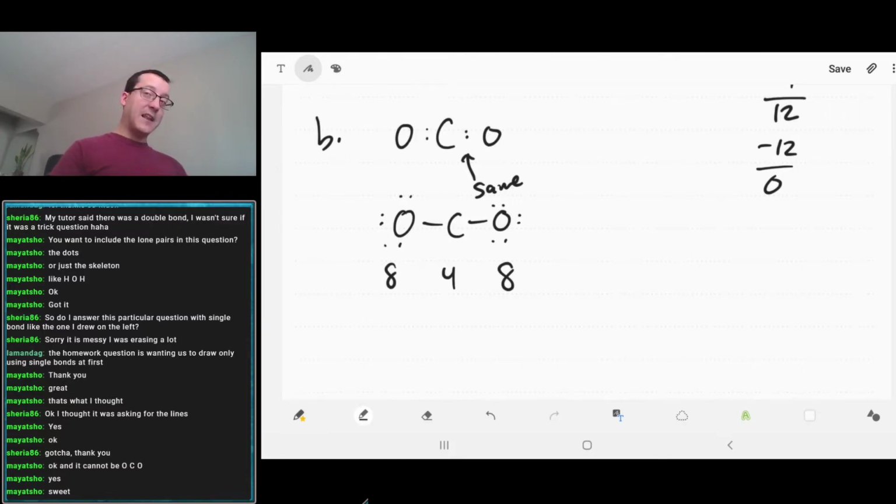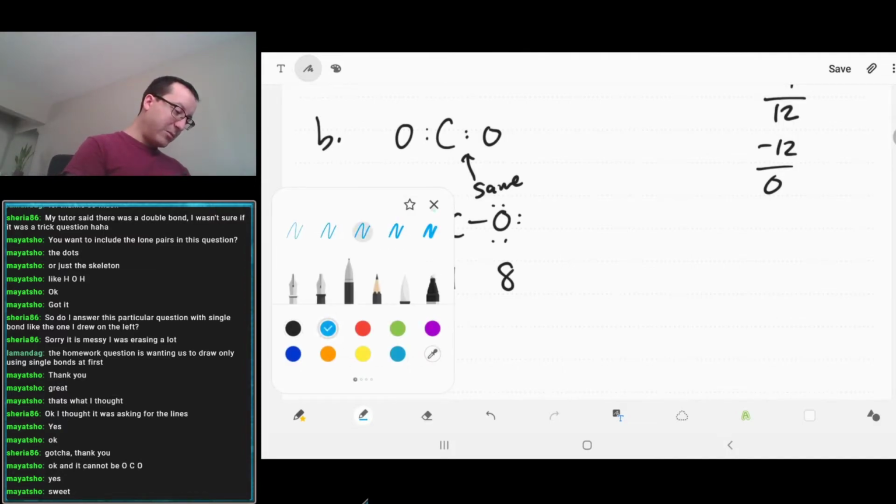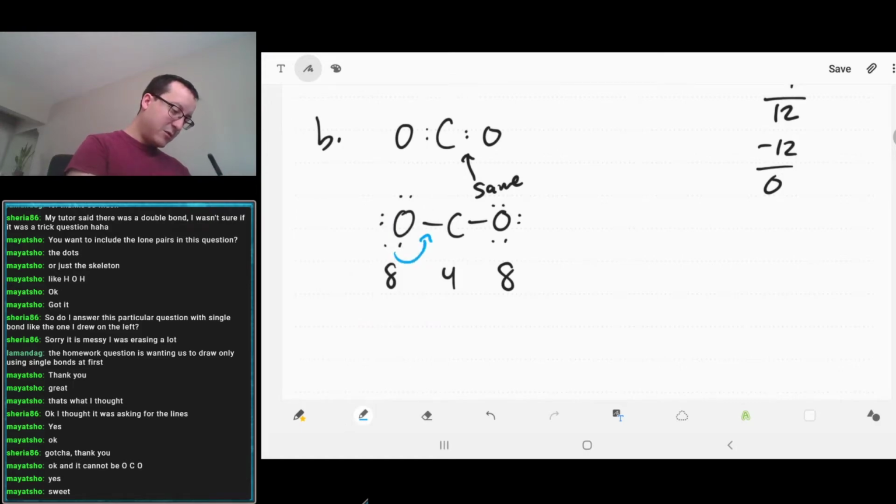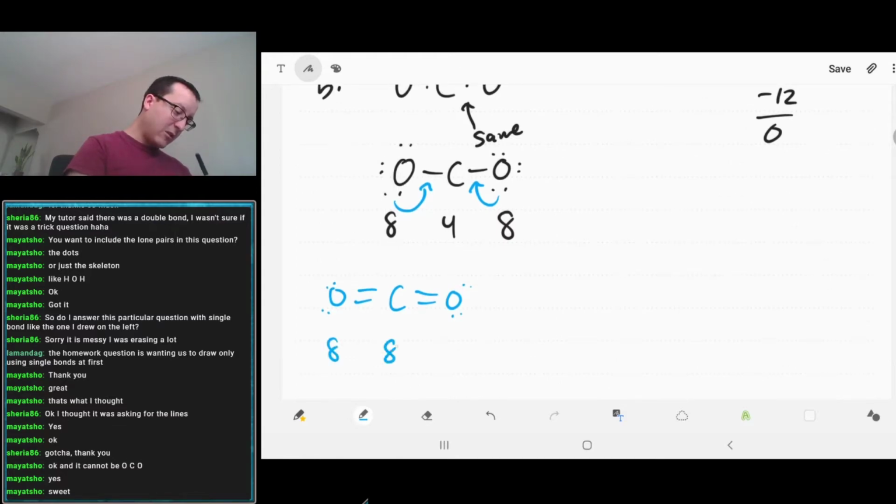We could technically make a triple bond to one of the oxygens, but it's typically better to do 2 double bonds. So we would move 2 pairs in, and we would make our double bonds. And so we can see now that all of these have 8 electrons. And everybody is happy. Hooray!